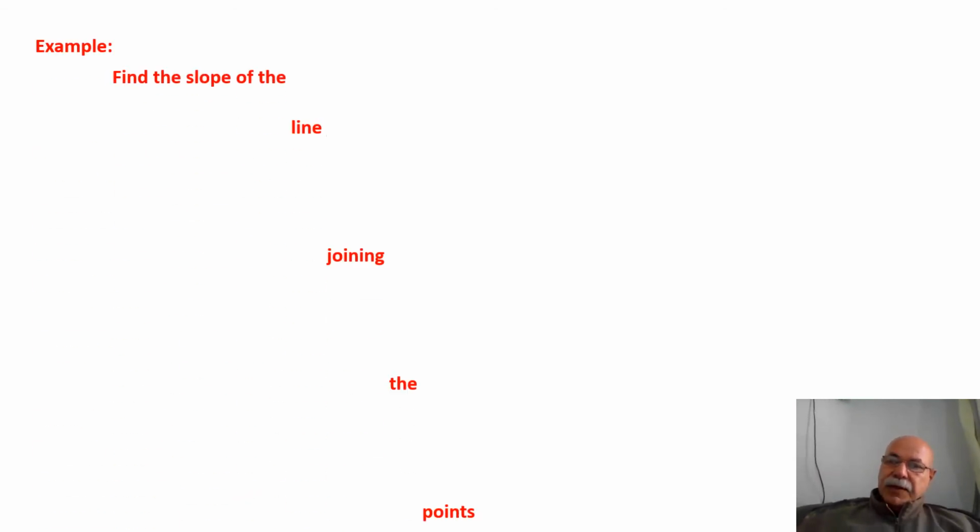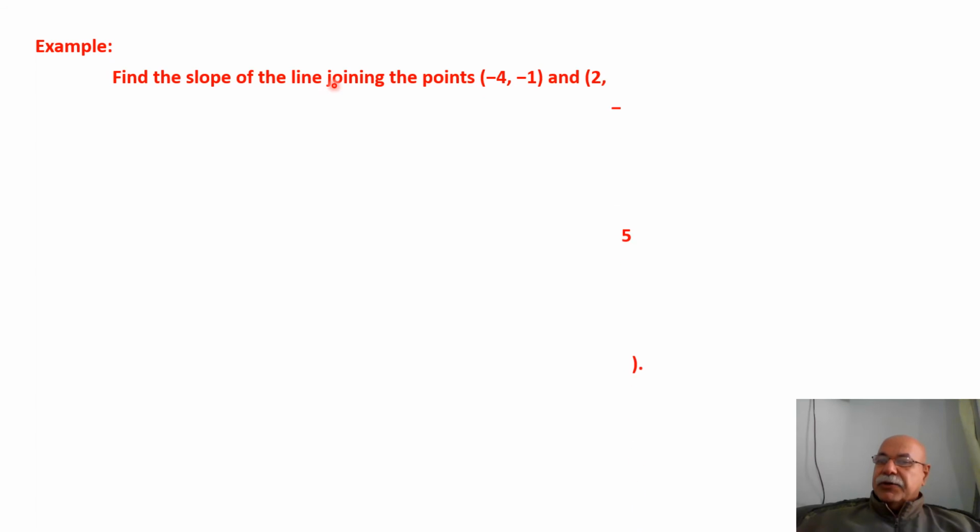Example: find the slope of the line joining the points (-4, -1) and (2, -5). We have two points and we want the value of the slope.